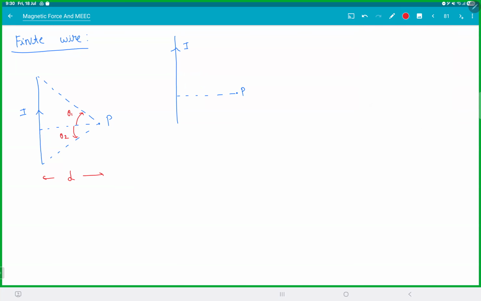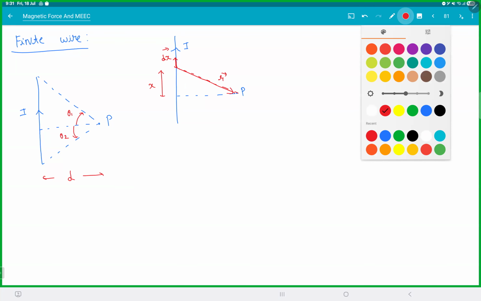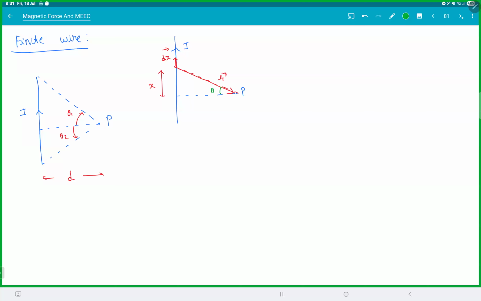So let's say at a distance x, take a small segment here, dx. This vector will be r bar. This will be dx bar. If I take this angle as theta, this angle will be 90 plus theta, and this distance is d.